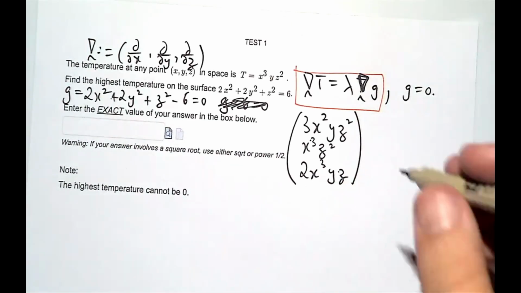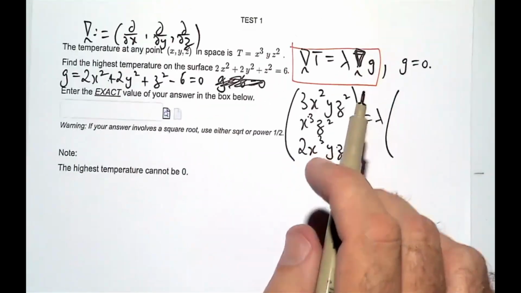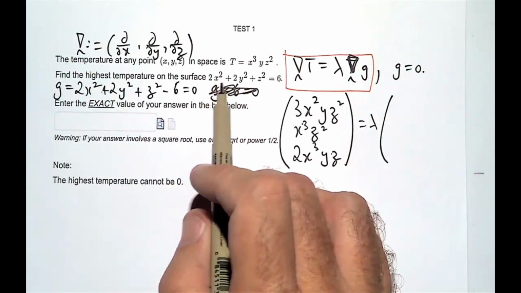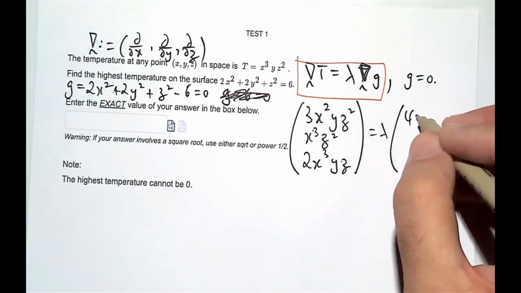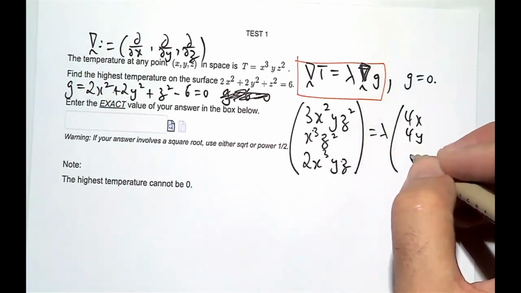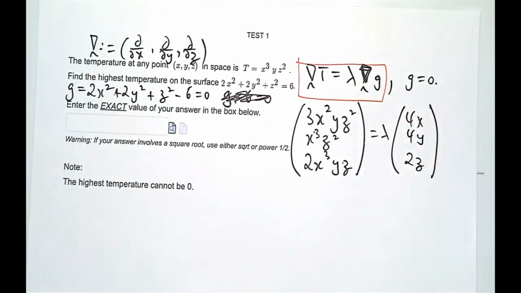Okay, and then on the right, grad g, it's going to become 4x, and then 4y, and then 2z. Yeah. Okay, so that's the sort of entry step. You've got 3 equations, and you've got g equals 0.